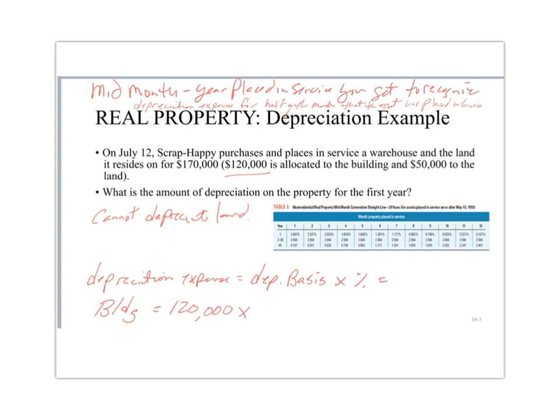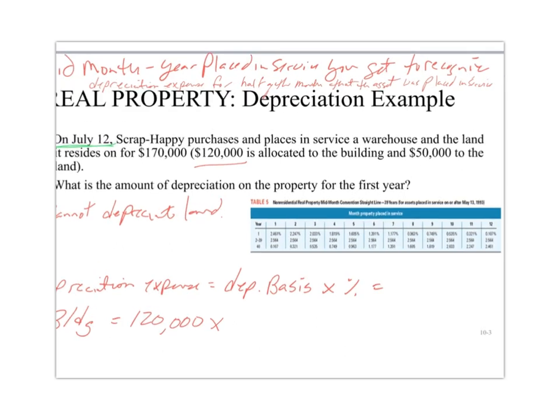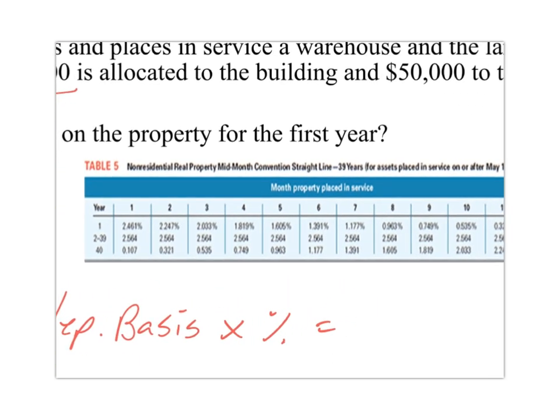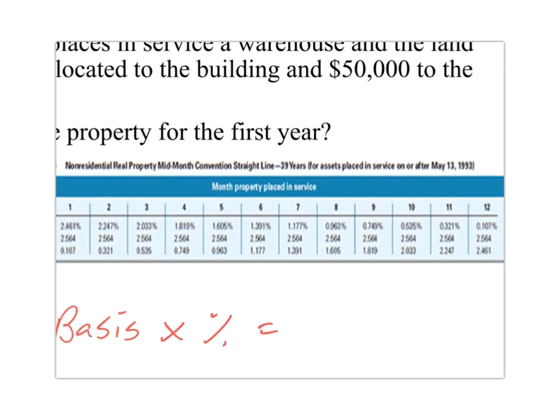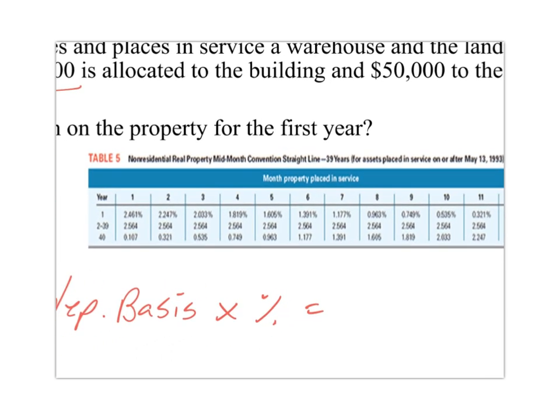This problem tells us that they placed it in service on July 12th. So we need to look at our chart for non-residential real property, mid-month convention, straight line for assets placed in service on or after May 13th, 1993. We placed this thing in service in July. So what month is July? July is the 7th month, so that's our column. We're talking year one.